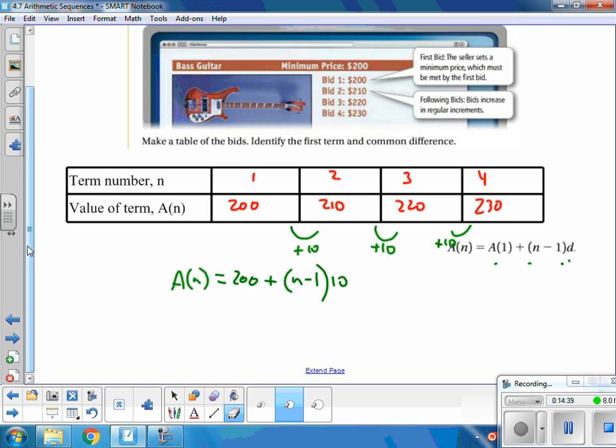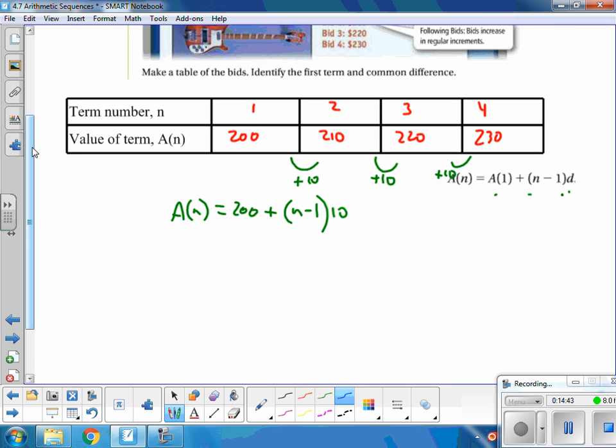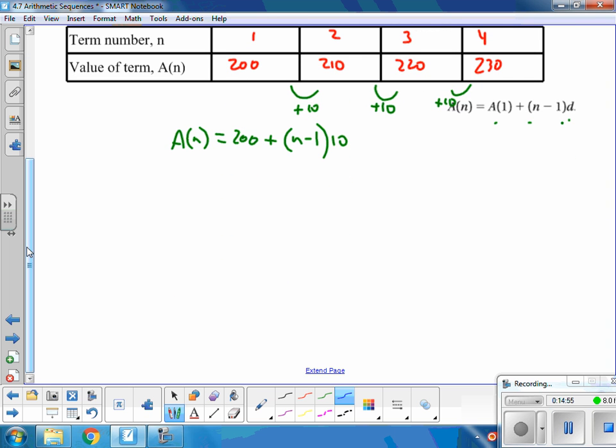So here is the formula that I'm working with. I've got my first term, I've got my recursive pattern, I've got the difference between them. So now I can solve it. I believe it's asking, what is the 12th bid? Okay, let's work out and find the 12th bid on this one. This is going to be a sub 12.